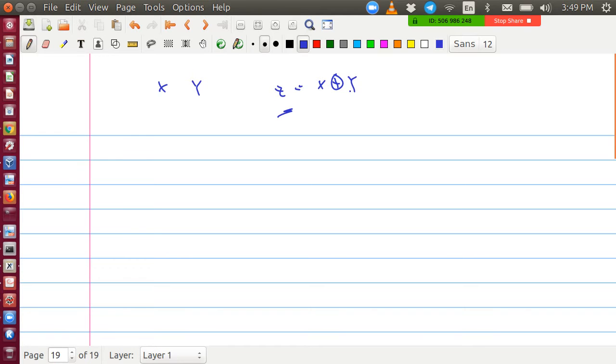You can also think of another example where x and y are conditionally independent given z, but x and y are not independent. Just another very simple example.